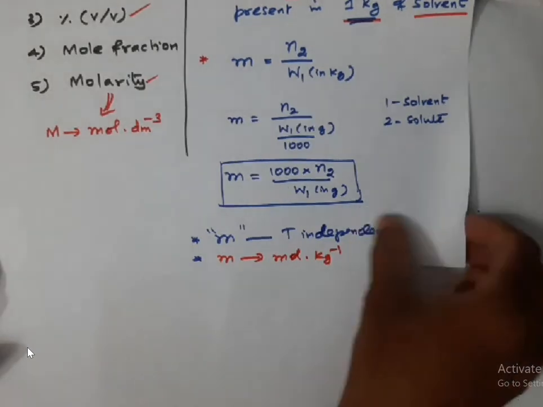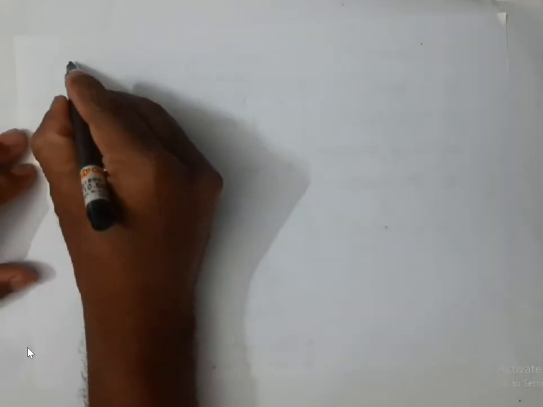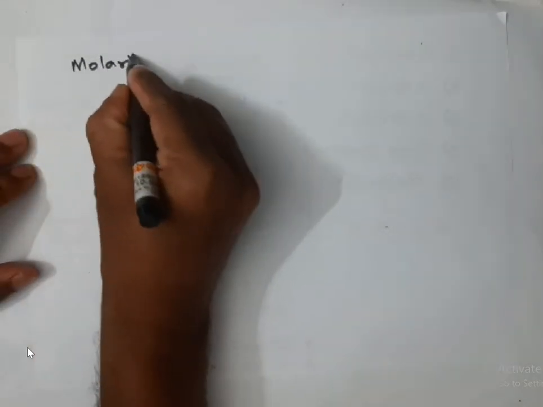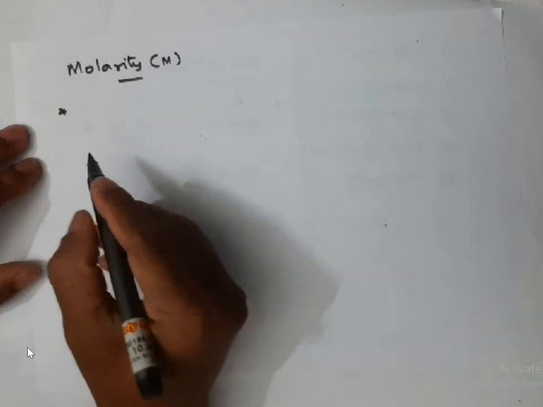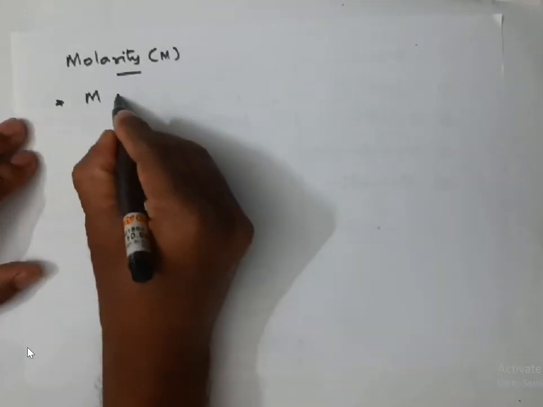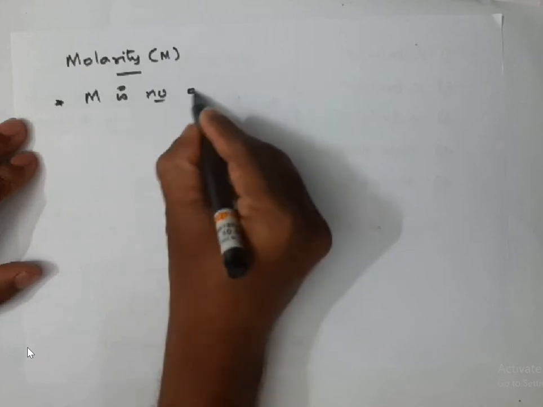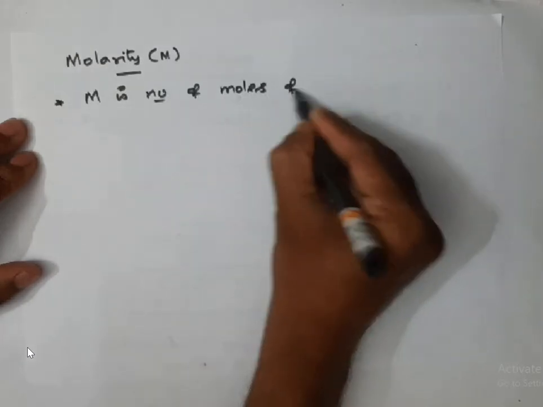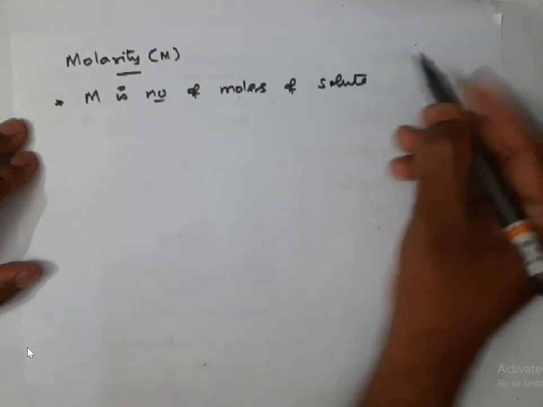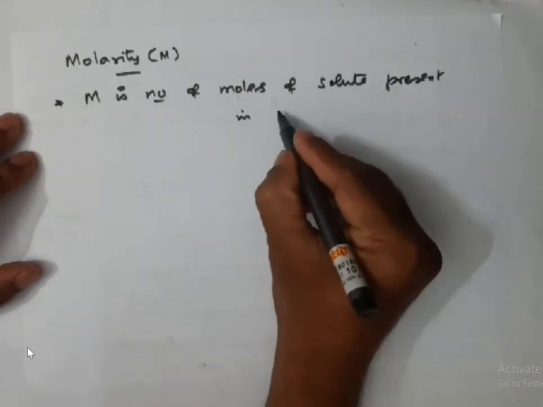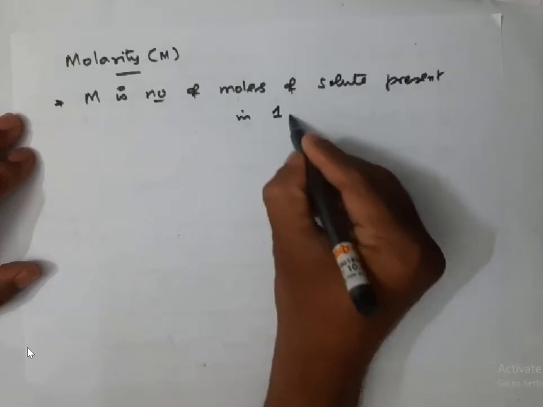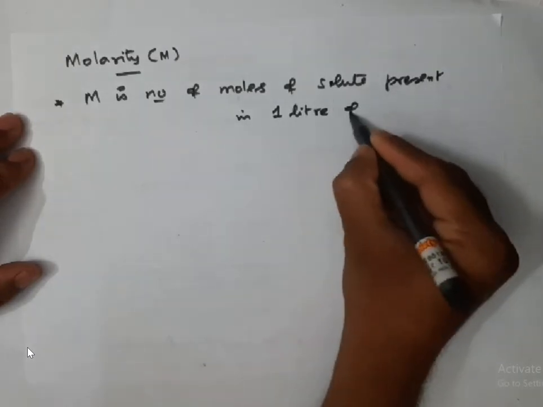You know very well, under molarity, that is capital M, I have told you molarity is nothing but the number of moles of solute present in 1 liter of a solution.